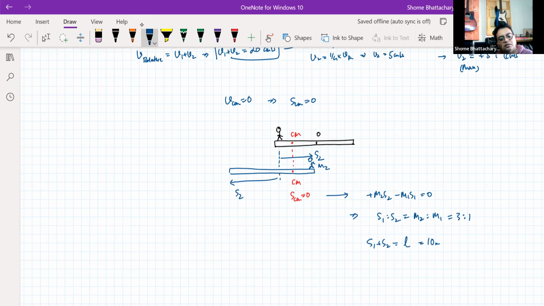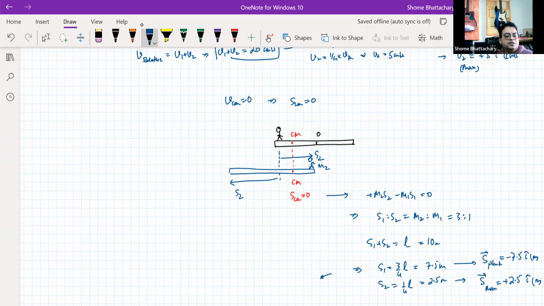It was 10 meters. So the displacement of the man will be plus 2.5 I cap in meters. Whereas during this time, the displacement of the plank will be backwards by 7.5 meters. So that the displacement of the center of mass will be 0.